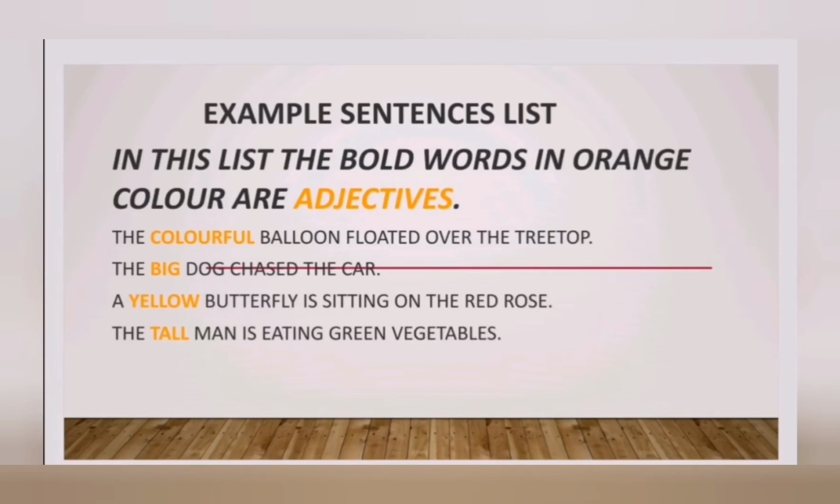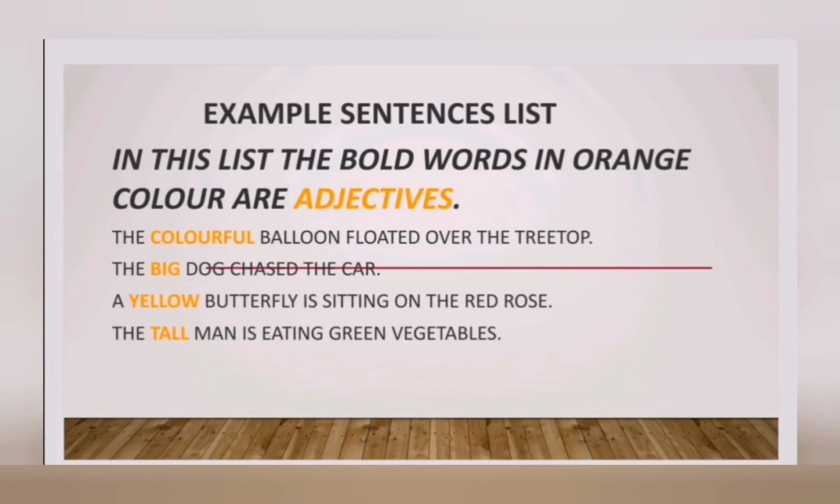Example sentences list. In this list, the bold words in orange color are adjectives. The colorful balloon floated over the tree top. The big dog chased the car. The yellow butterfly is sitting on the red rose.